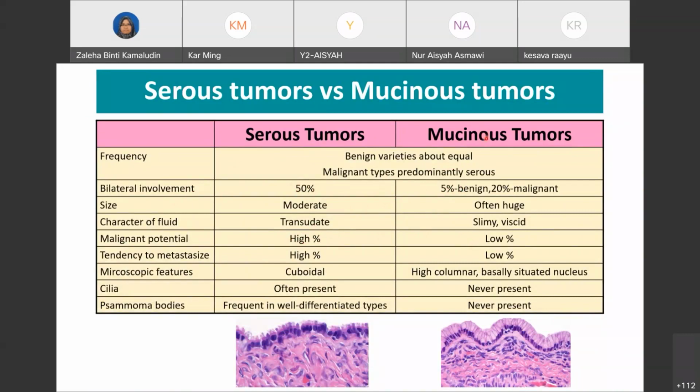When I mention mucinous tumor, it's a general term, under which you can have benign, borderline, and malignant. For the microscopic features, you have to see the cilia, and psammoma bodies are usually more common in the serous. In mucinous tumor, you do not have any psammoma bodies. Here to recap, the ciliated columnar epithelium in the serous tumor; this is a benign serous cystadenoma, and this is the benign mucinous cystadenoma. It has basally located nuclei with apical mucin, you see.